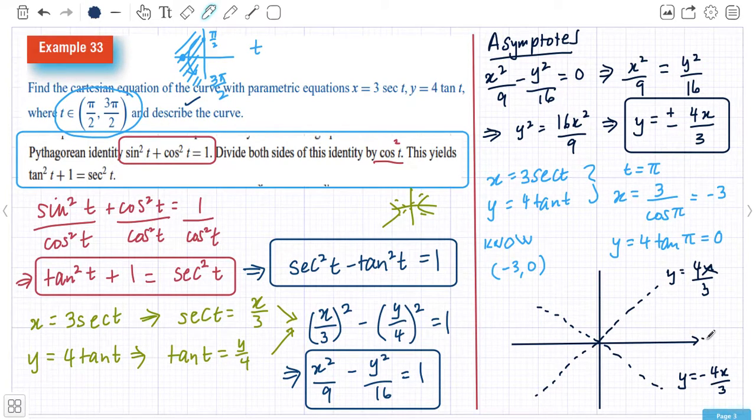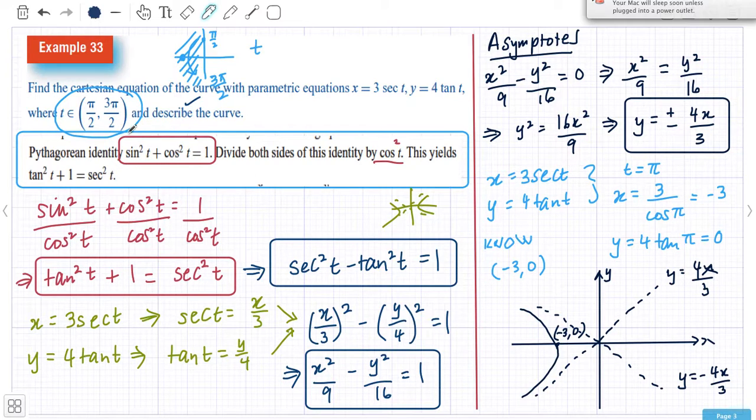And then we've got the hyperbola. Now we're only interested in the side that includes negative 3, 0. That is right here. So that must be that branch there.